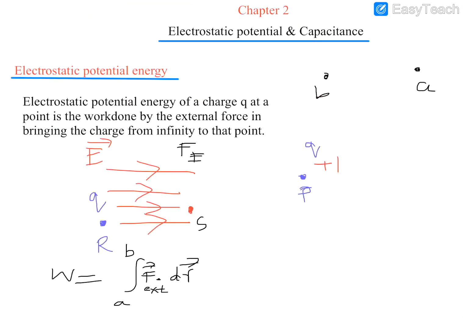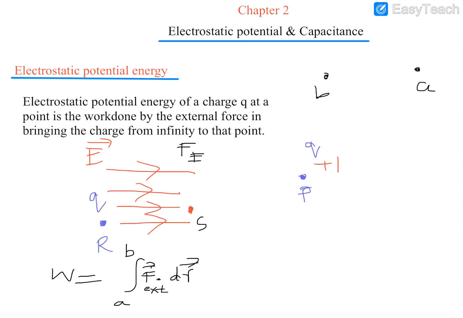In the definition of electrostatic potential energy, you are moving a charge Q. So electrostatic potential energy of a charge Q at a point is the work done by the external force in bringing the charge from infinity to that point. Here the charge is Q.